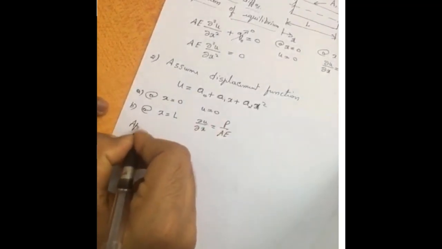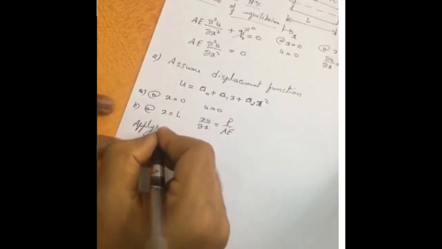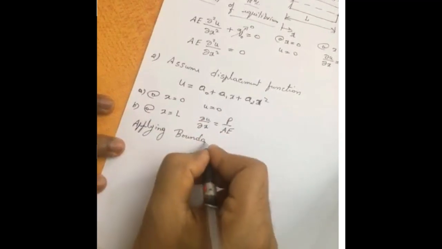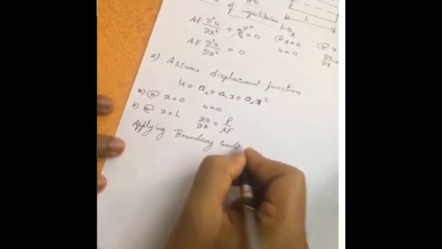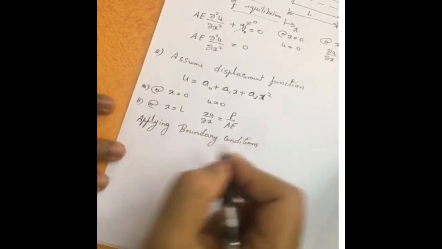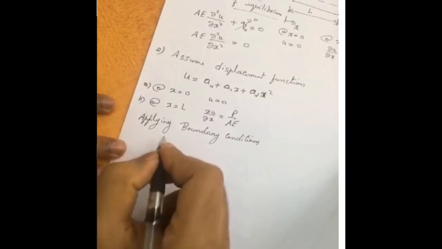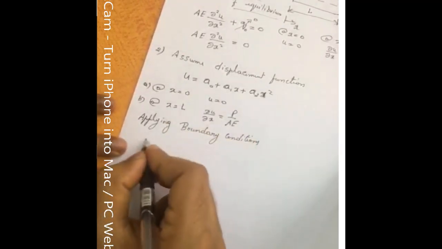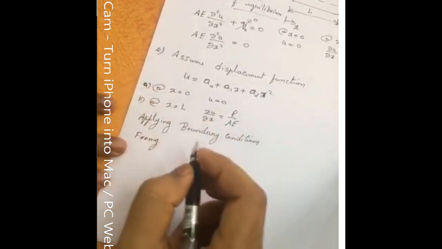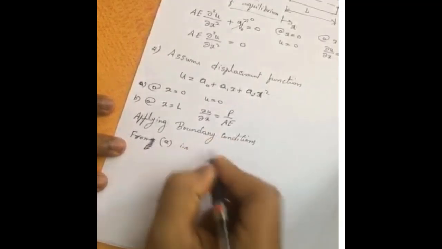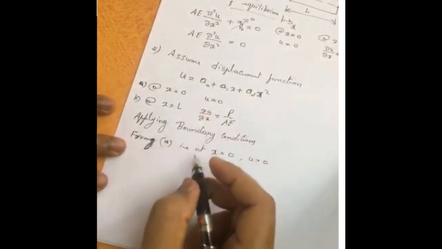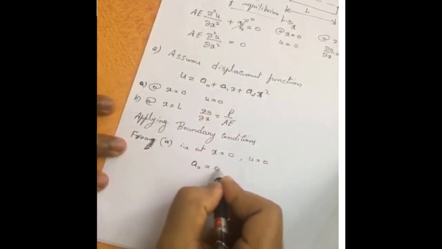Now if we apply the above boundary conditions, from the first boundary condition, at x is equal to 0, u is equal to 0, if you substitute here, you will get a naught is equal to 0.